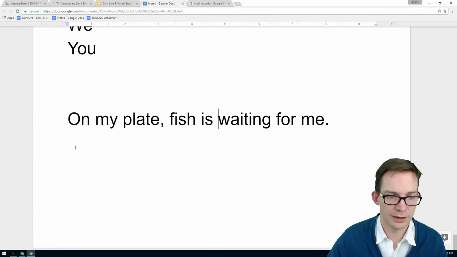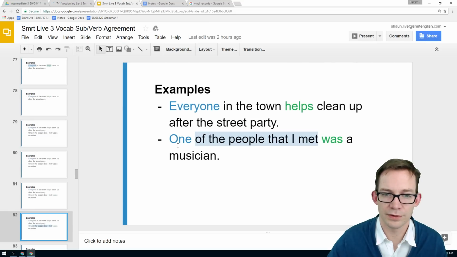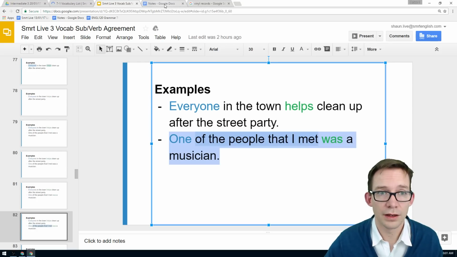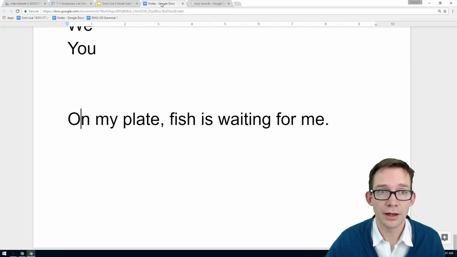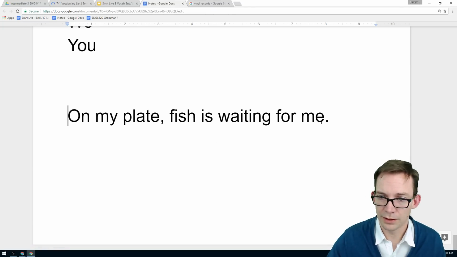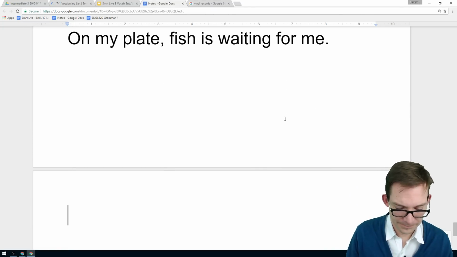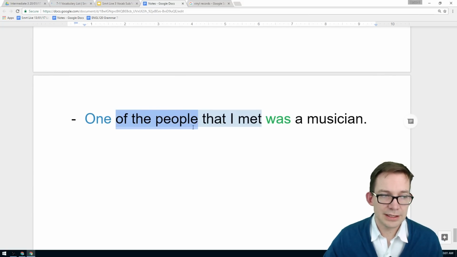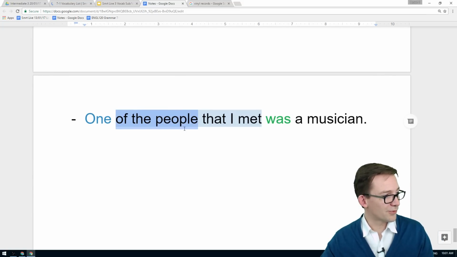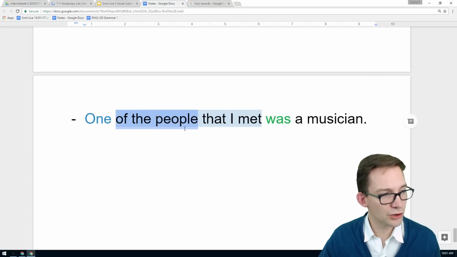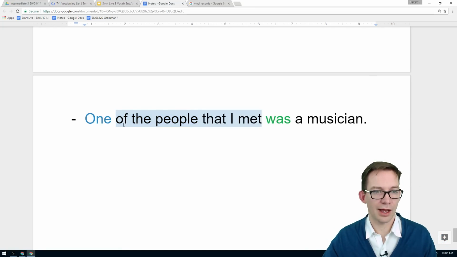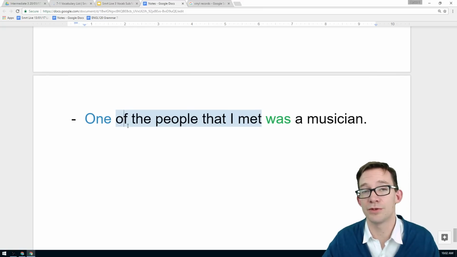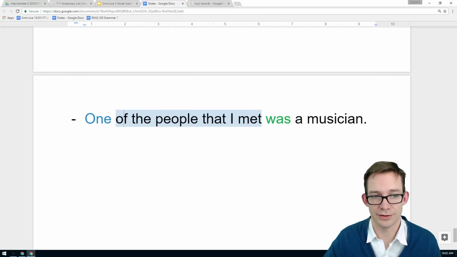I'm going to hop out again. You know what? How about this? I'm going to copy this sentence and bring it over here. Okay. Let's look at this in the notes. This is what we call a prepositional phrase. Okay? A preposition like of, about, between, this can never be the subject of a sentence.